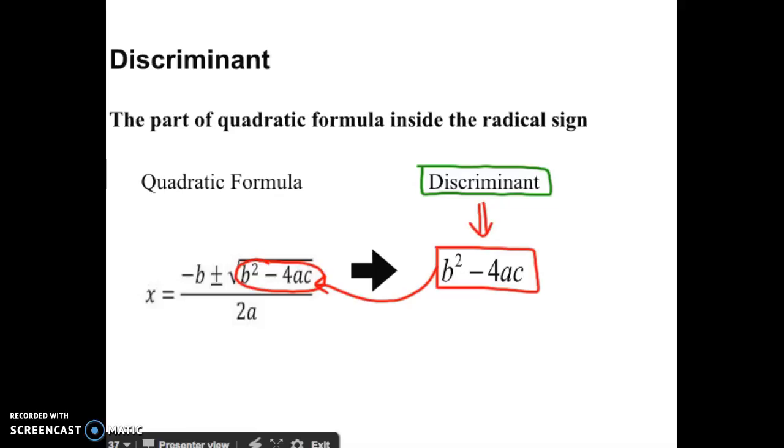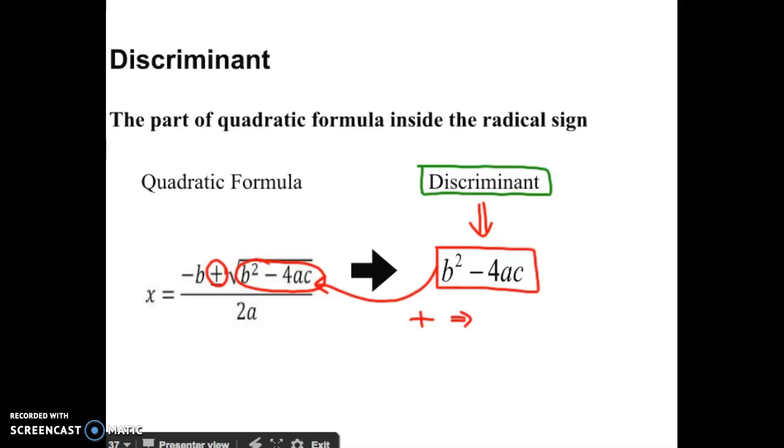So I want you to think about it for a minute. If the discriminant is a positive number, you end up getting negative b, which ends up being a number like negative 5 or positive 5. And then you've got plus or minus, and then a square root of a positive number over another number. Here's the part that's important, this plus or minus. When you have a plus or minus in a problem, you have two answers.